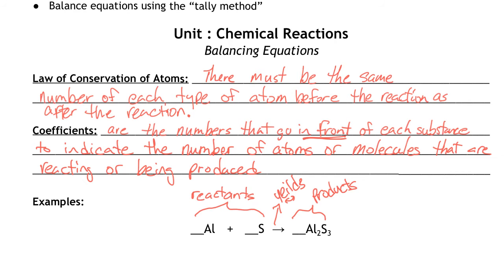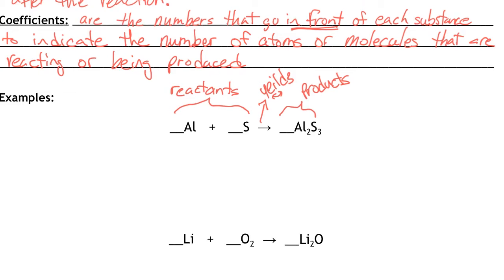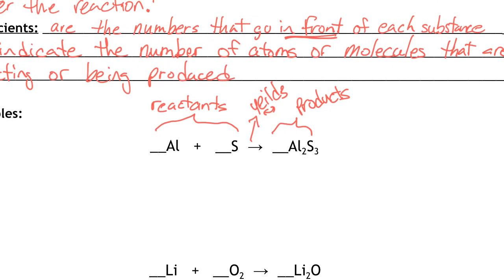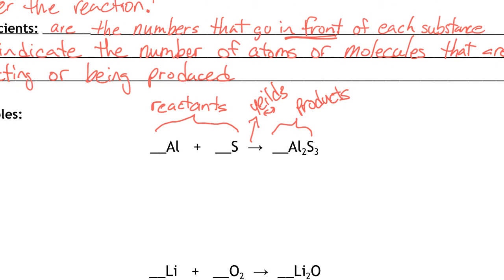So what we're going to be doing is we do our balancing equations using something called the tally method. And the tally method goes like this. The first step you're going to do is you're going to write down the elements, and you can do that under the yield sign. So we've got aluminum and we have sulfur. Once I've got all the elements being used in this chemical equation, I'm ready to count them. On the reactant side, I've got 1 aluminum.